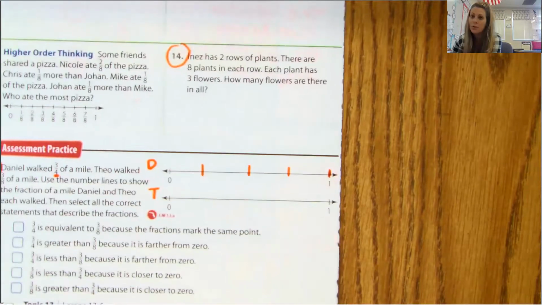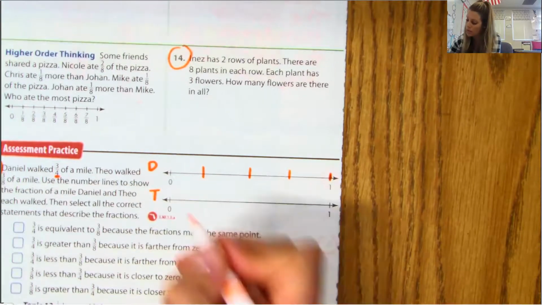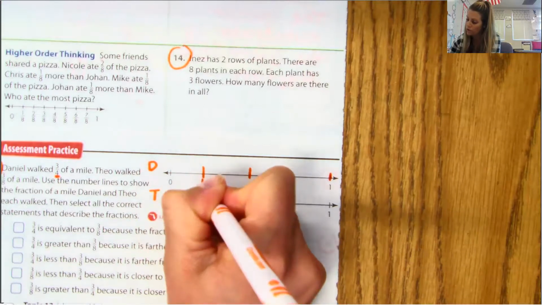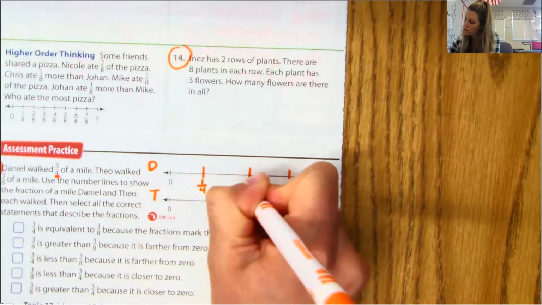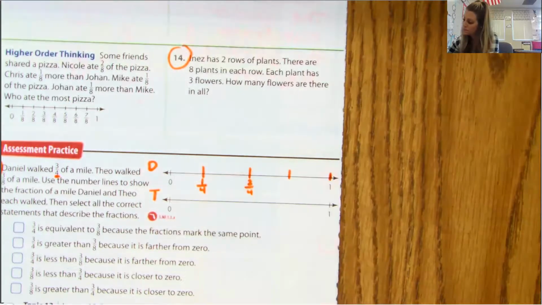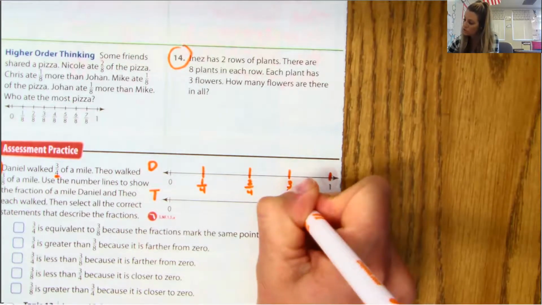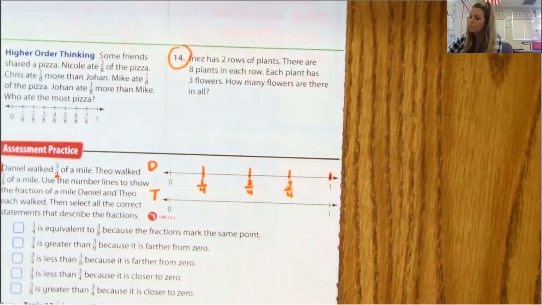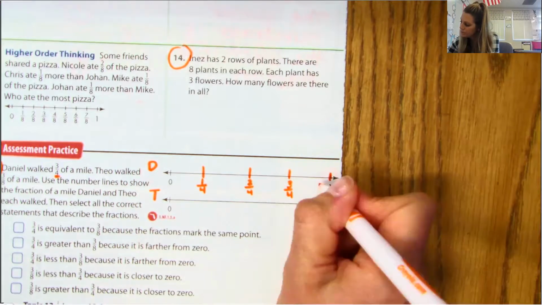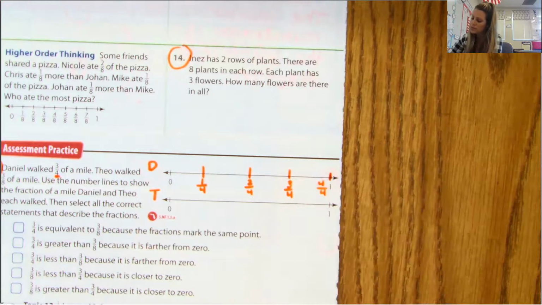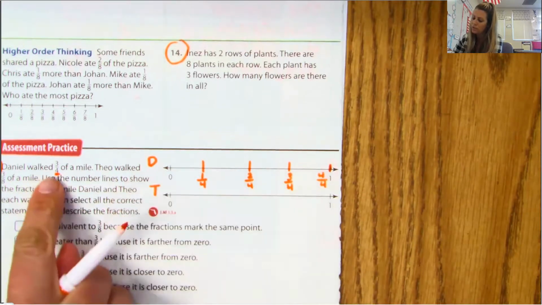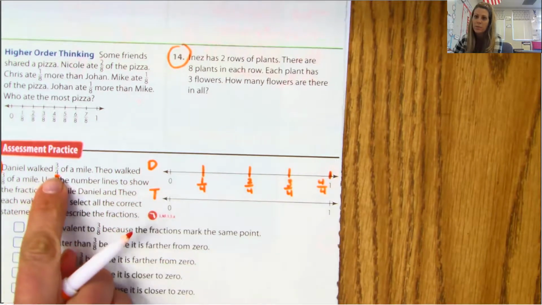So when we number it, remember, we would say 1/4, 2/4, 3/4, and then 1 whole is the same as what fraction? 4/4, right? Okay, so that's Daniel. So you'll have to plot 3/4 of his mile in a minute.